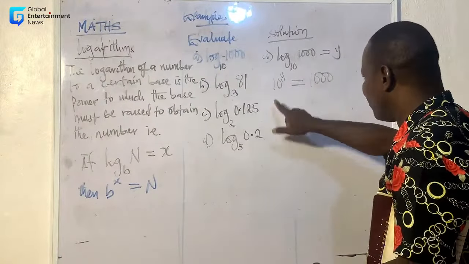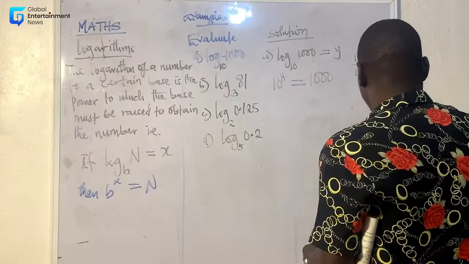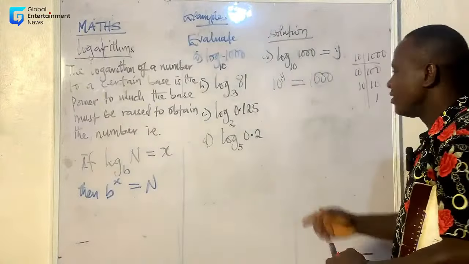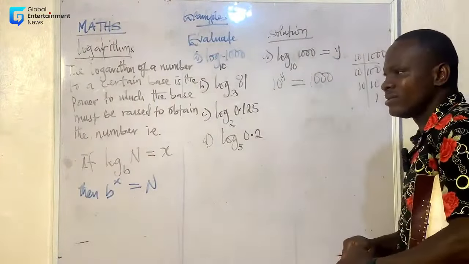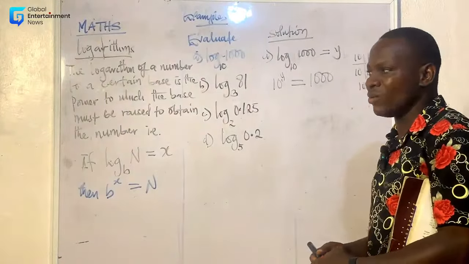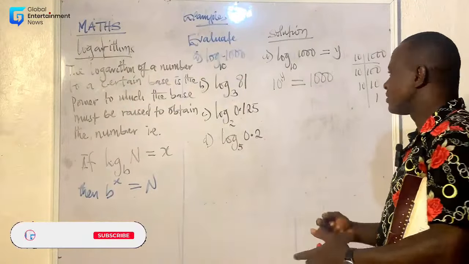Definitely, we are going to break 1000 down into 10. 1000 into 10 is going to give us 10 raised to power 3. How do I get that? If you take 1000 and divide it by 10, it gives you 100. 10 again gives you 10. 10 again gives 1. 10 times 10 is 100, and 100 times 10 is 1000.